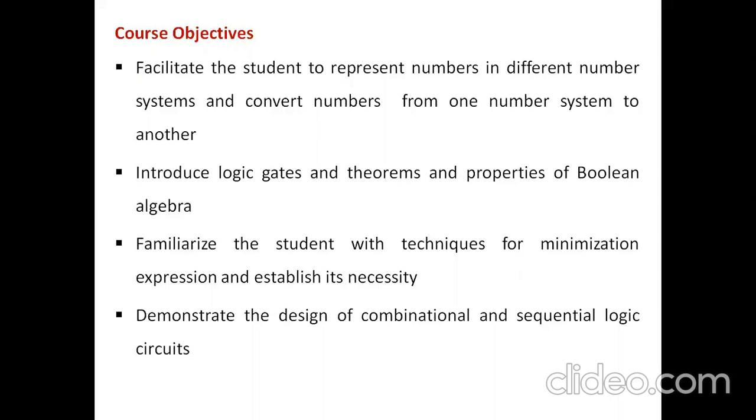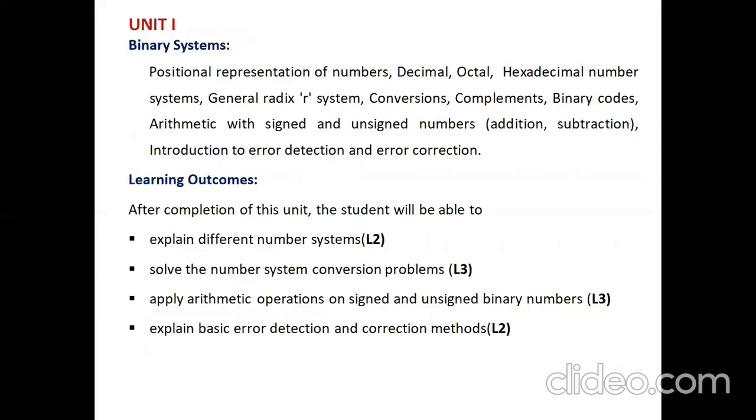The students are to be given techniques for minimization of Boolean expressions by using Boolean laws and theorems, and the importance of the simplification should be clearly familiarized. The design of combinational and sequential logic circuits are to be demonstrated.